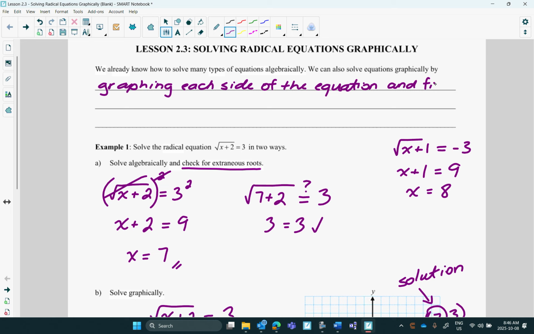Find the x coordinate or coordinates, because there might be more than one, of the point or points, if there's more than one, where they intersect, where they meet each other.